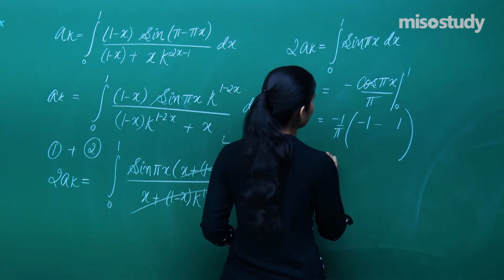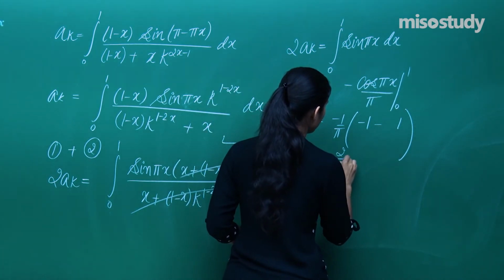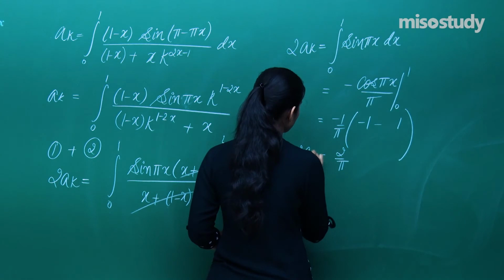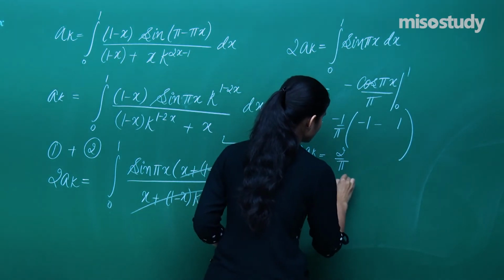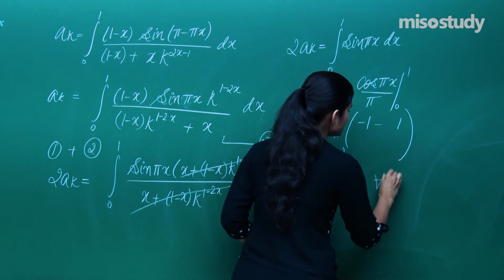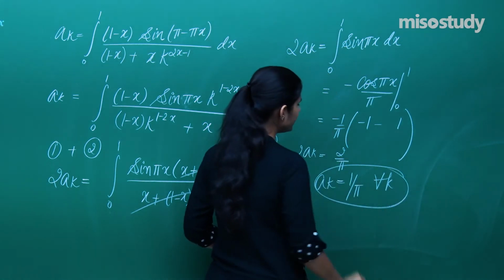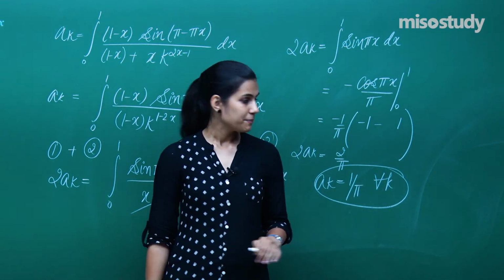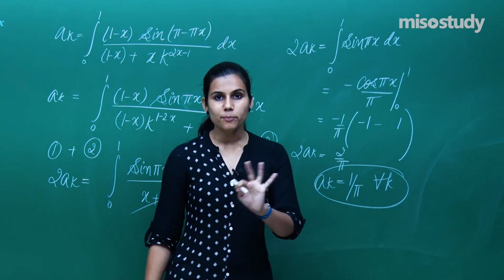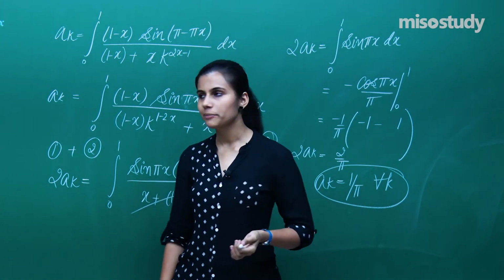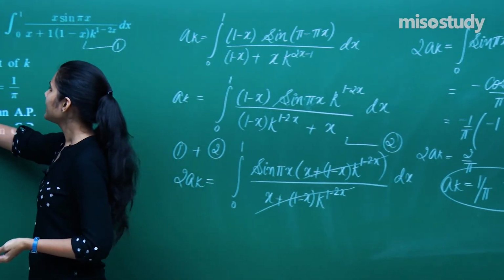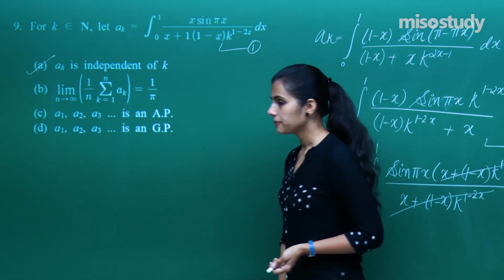So this is minus 2, so you get 2 by pi, and here it is twice of ak. So ak comes out to be 1 by pi, and this is true for every k. That means the value of ak is not depending upon k. For every k it is coming out to be 1 by pi. So one thing is true, that ak is independent of k.